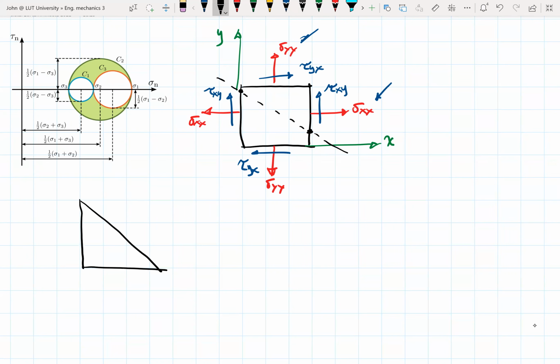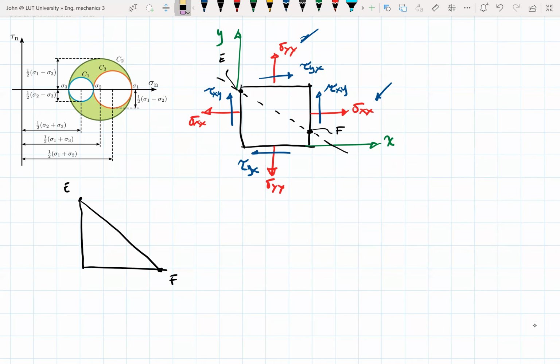And this is going to be, again, I'm going to write it down. If I call this point E and this point F, this is going to represent my point F and this my point E. So I took the plane, I cut it at an arbitrary angle, and that's going to produce this wedge or triangle here.